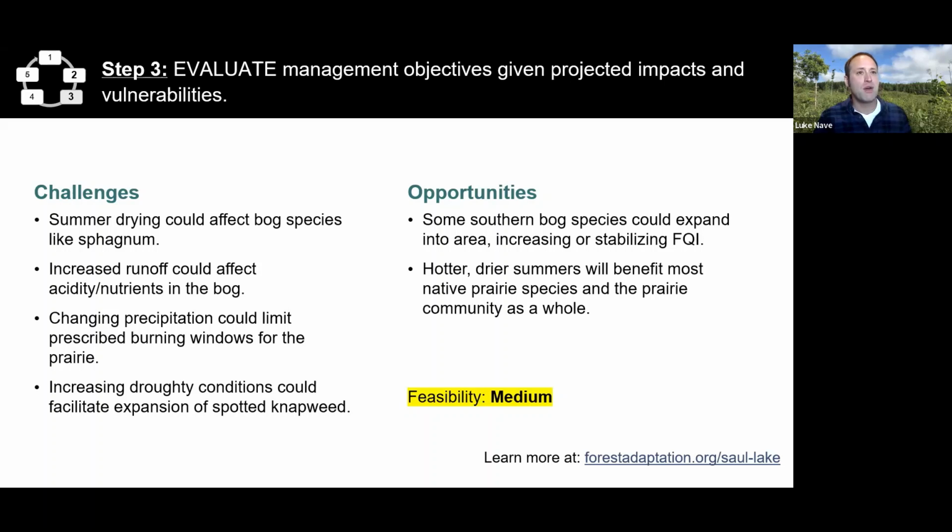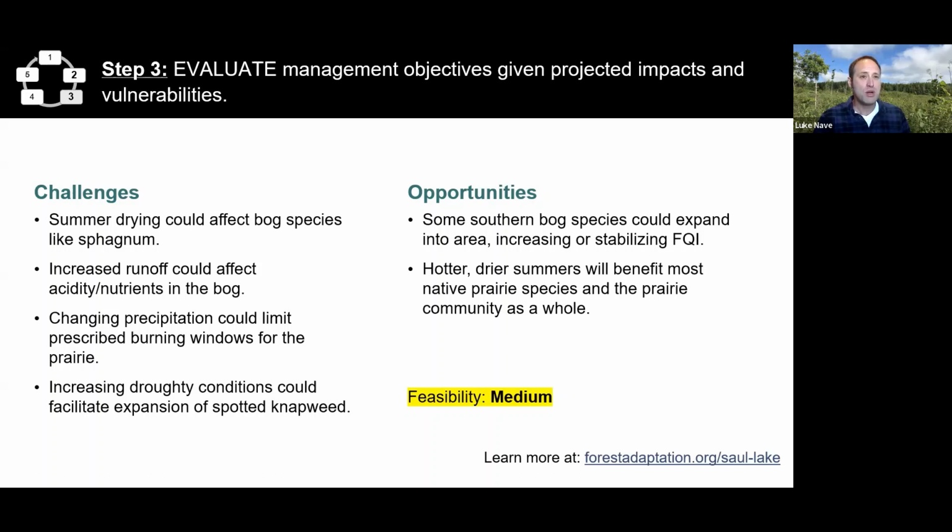On the flip side of the coin, the longer dry intervals between precipitation events could make it harder to get permits to do burning. This is a matrix of ecosystem types where the quality of the prairie, floristically speaking, is much affected by the ability to burn it most every year.